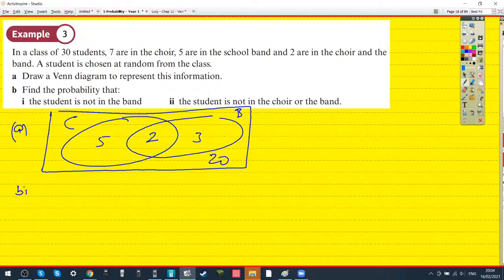Okay. B part 1. So the probability of the student not being in the band, would that be out of 30 then, of 30 students? Yep.